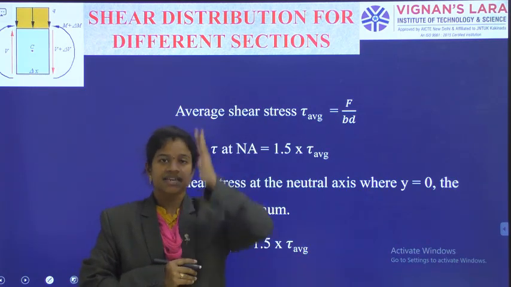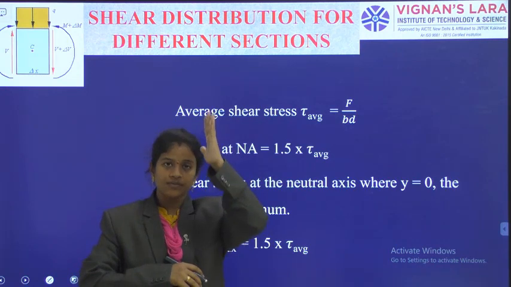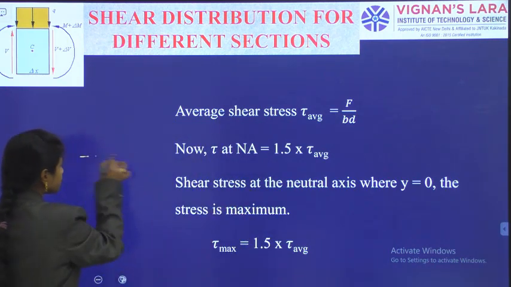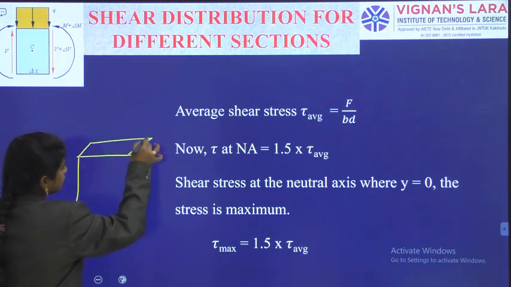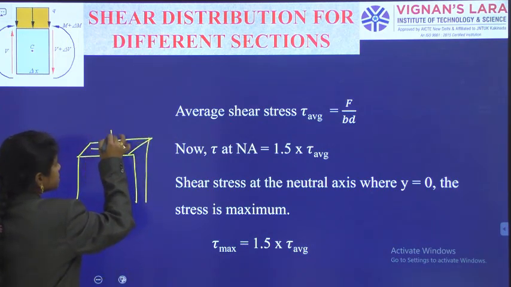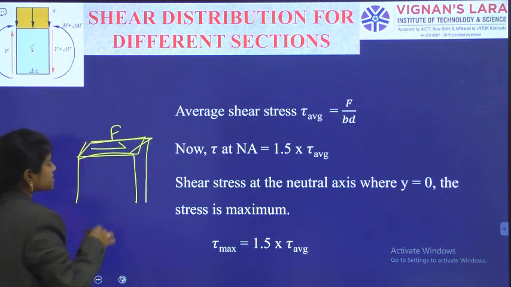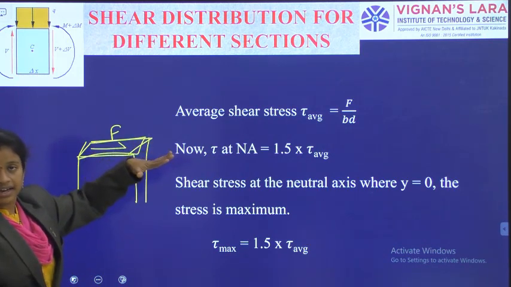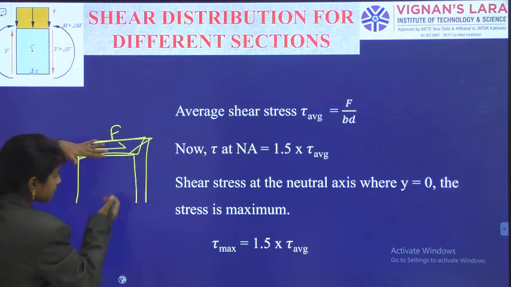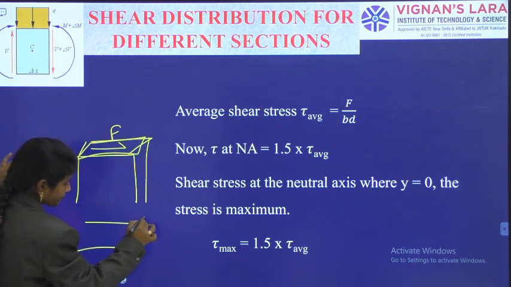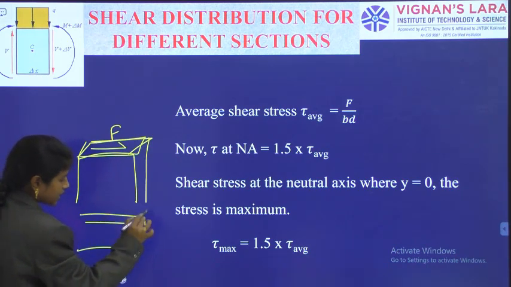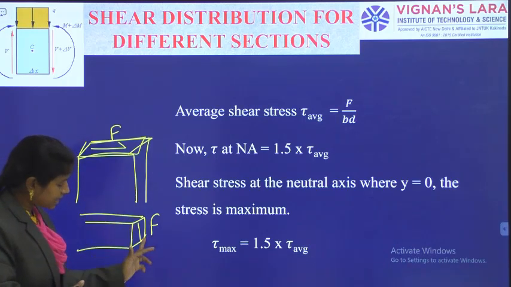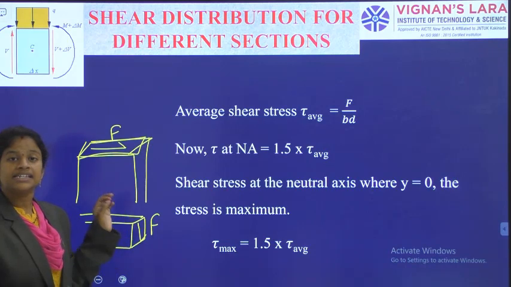Shear force by the shear area on which the shear is acting. If the body is like this and it has the shearing force like this and this is the area, then F by area, the shearing force by shearing area, is the shear stress.